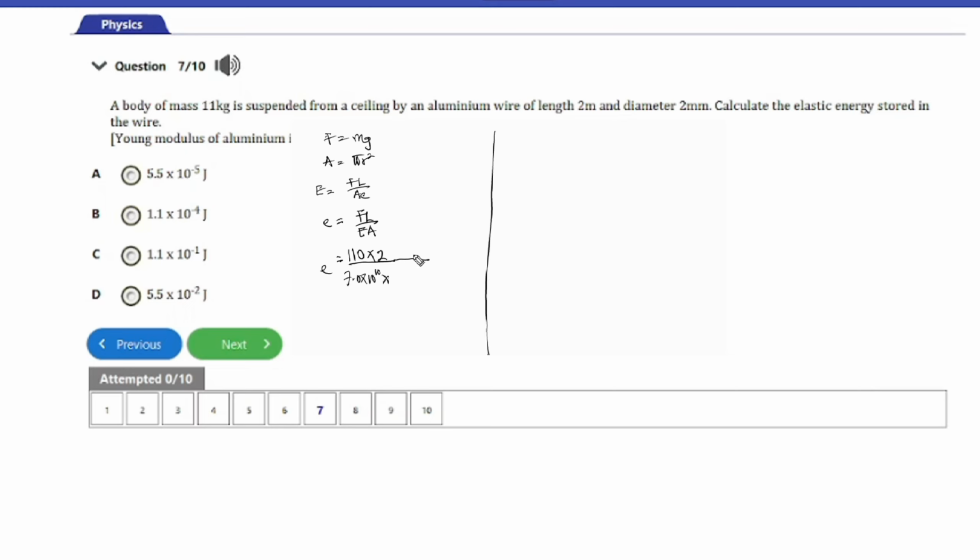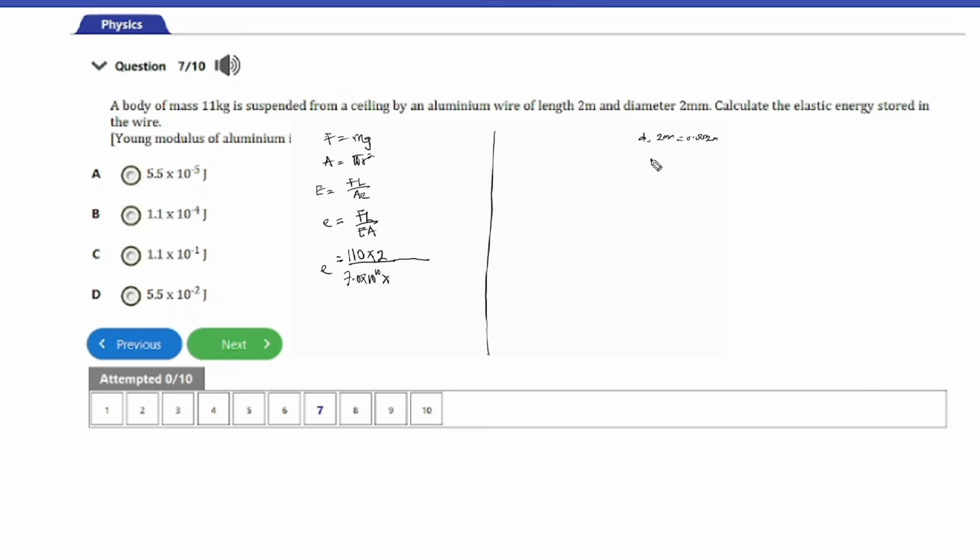So pi is given as 3.14, then times r squared. So we have the diameter. The diameter over 2 is the radius. Actually, the diameter is 2 mm, which is 0.002 meters.